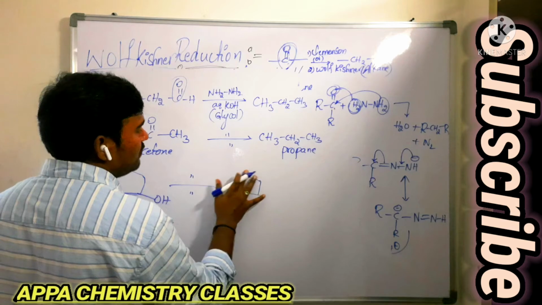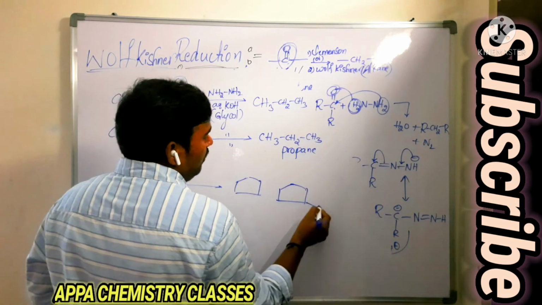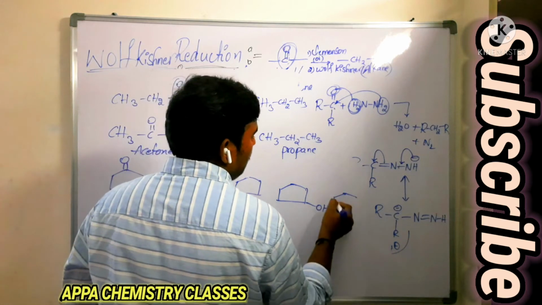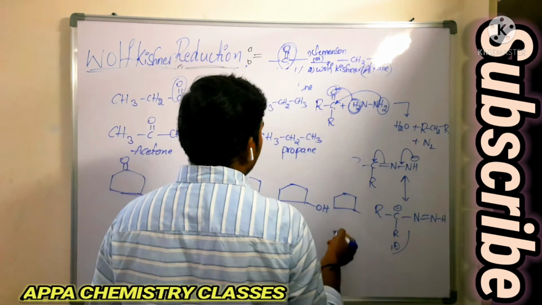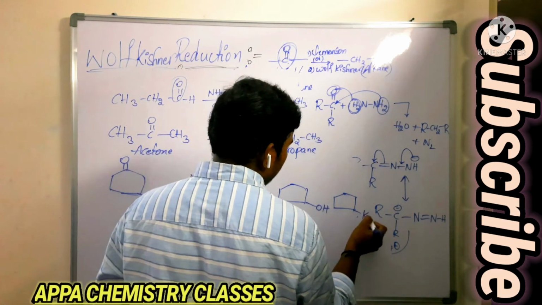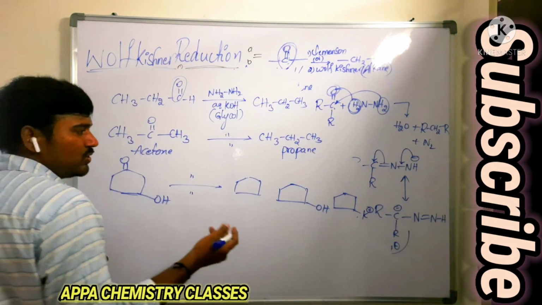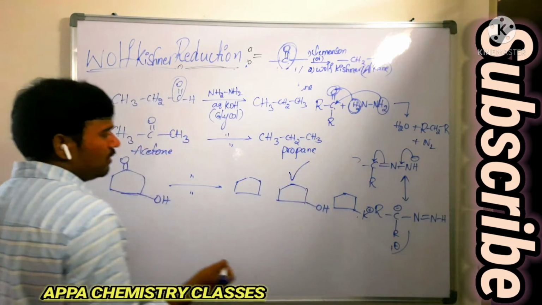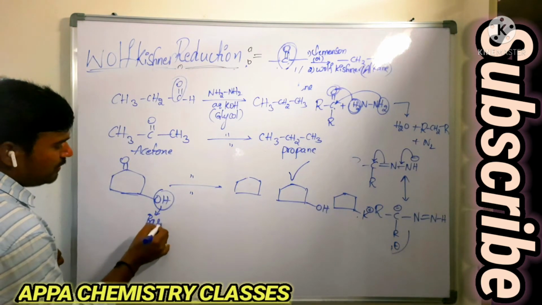Either this one, or this one, or do we get something like this, with K plus or whatever the halogen? You will get only this compound, because it is a basic group, a Bronsted base as I said.